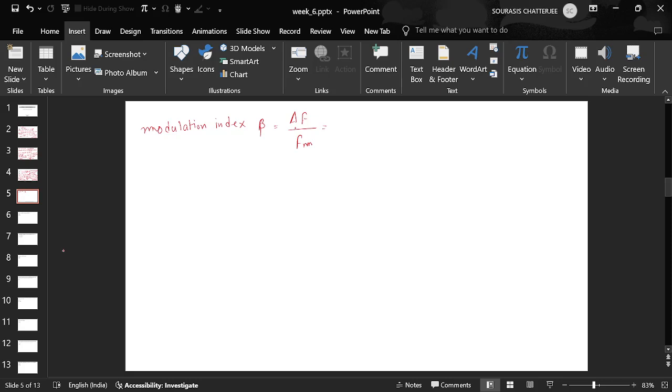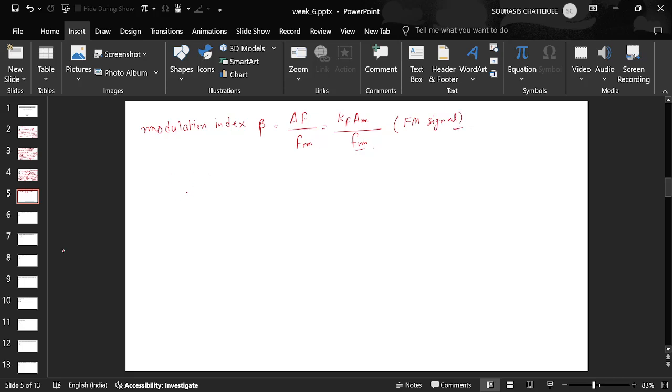We have already obtained del f as kf Am, and now we have fm below. So this is our modulation index for a frequency modulated signal. Remember, this is for the FM signal.